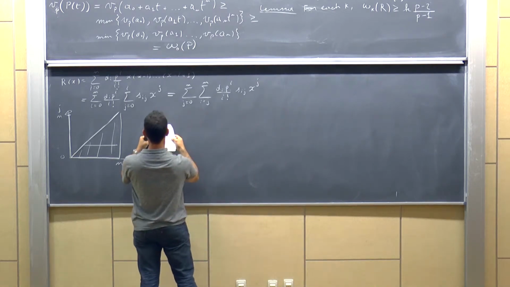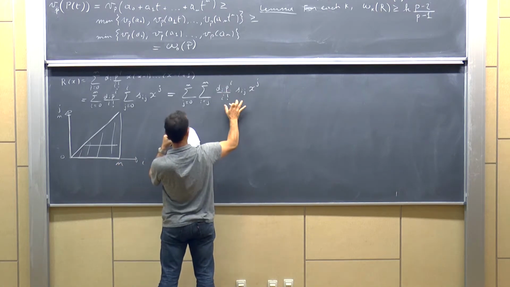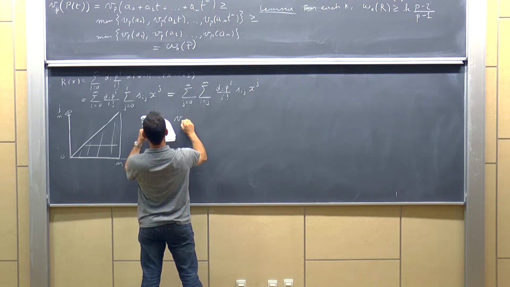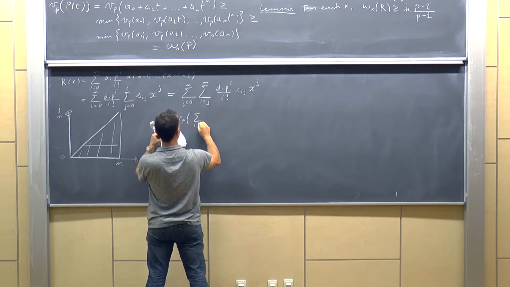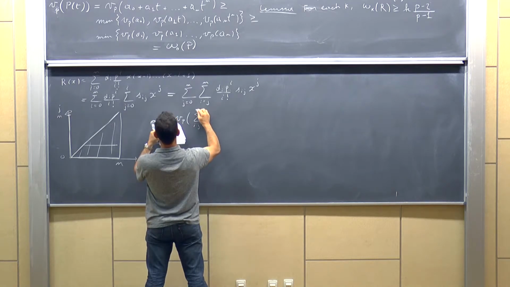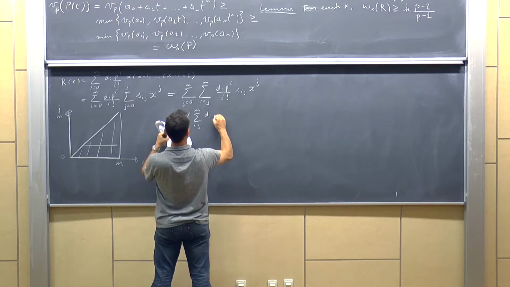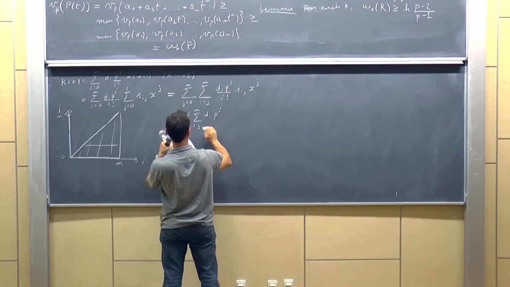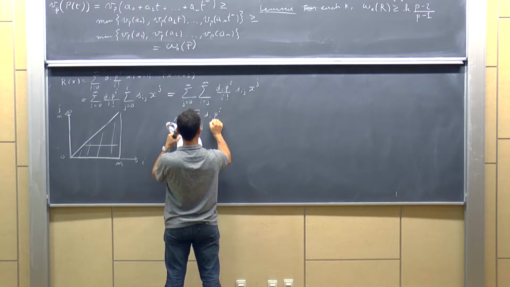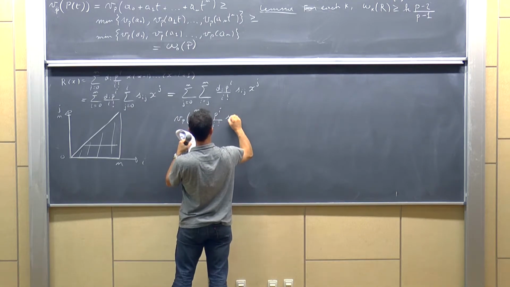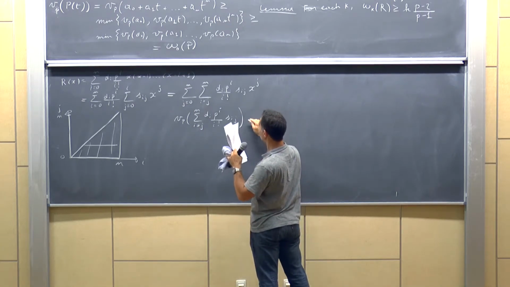And now, therefore, the coefficient of x to the j is this term here. And so now I calculate the p-adic valuation of the summation from i equals j up to n of d_i p to the i over i factorial S_ij.